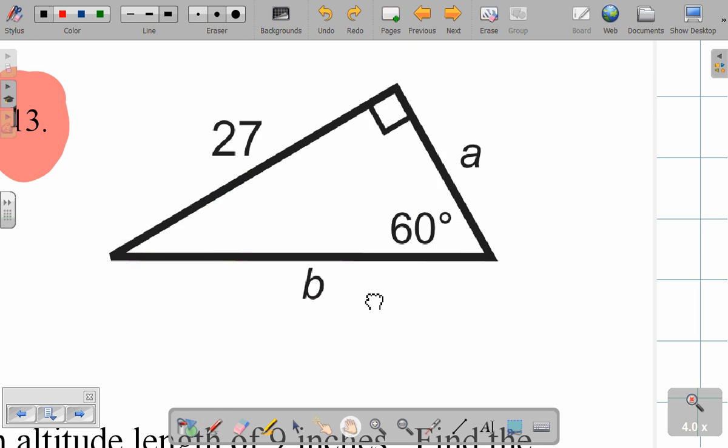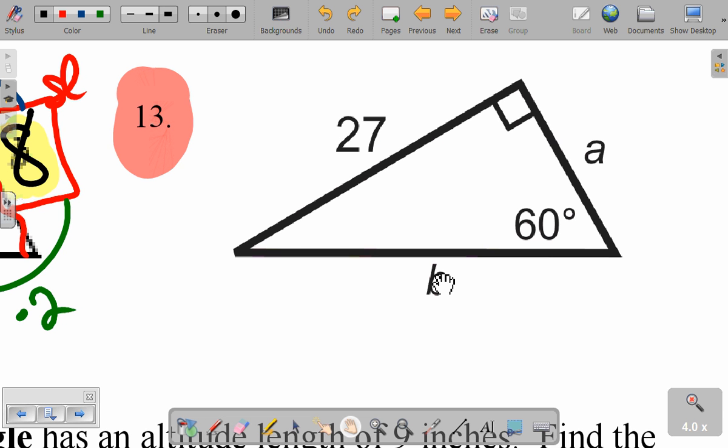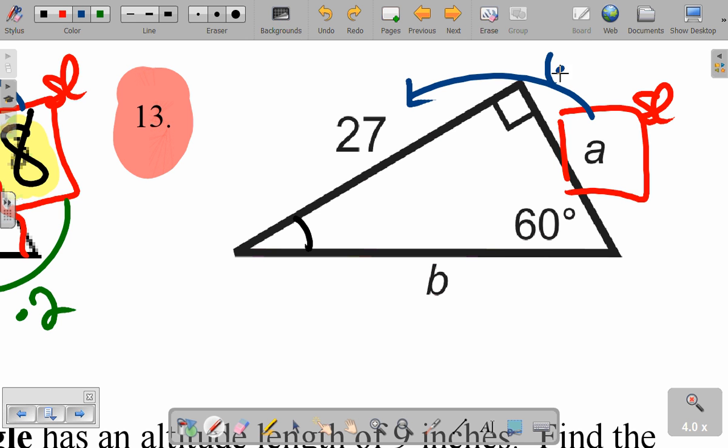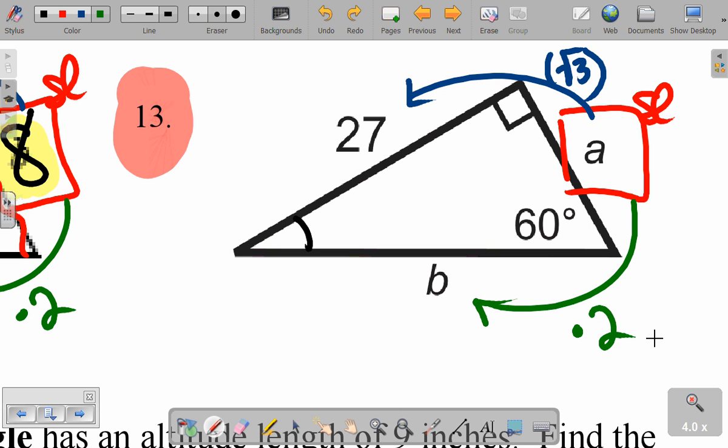okay, come over here. Let's do 13. That was 12. Now I'm on 13. Okay, 30, 60, 90. That means this is our short leg. Draw your sprouts. Short leg, long leg times root 3. Short leg hypo times by 2. This reads, something times root 3 is 27.